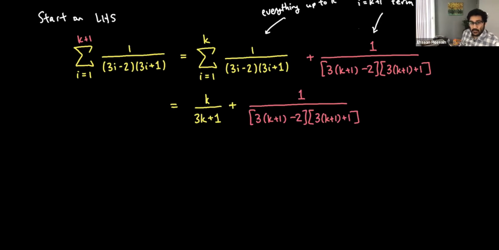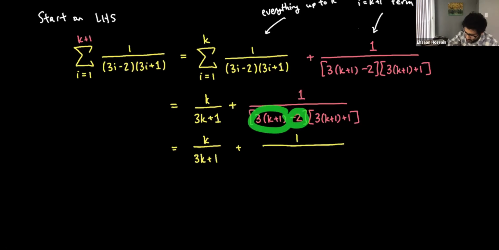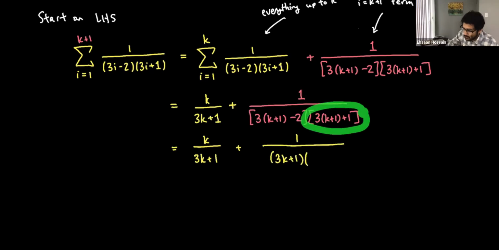All I can do is simplify this. And so let's try. It's going to be hell. k over 3k plus 1 plus, how do I simplify this? I'll just do it live. I have 3k plus 1 minus 2. So that sounds like 3k plus 3 minus 2. That sounds like 3k plus 1. And then this second term here is 3k plus 3 plus 1. So that's 3k plus 4.